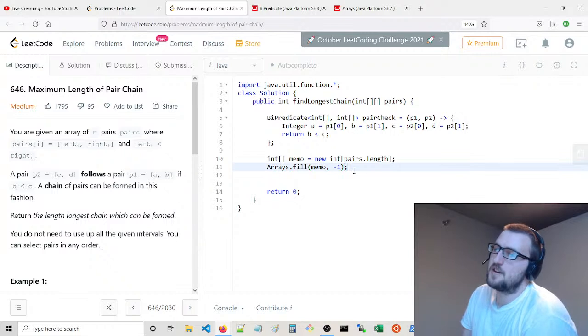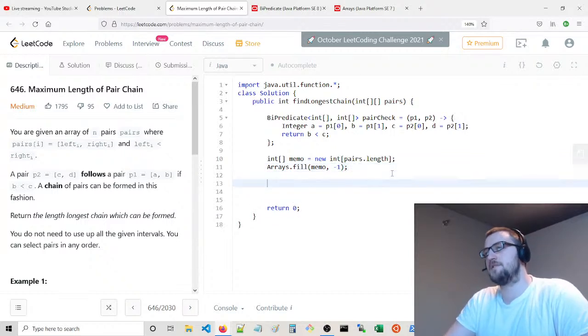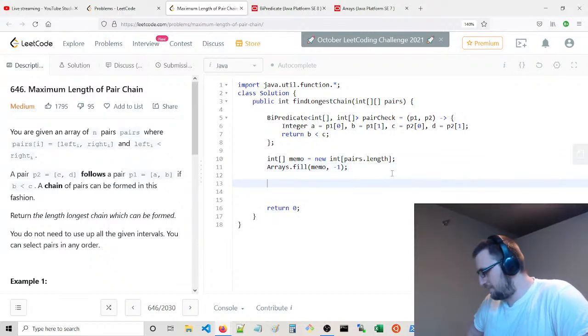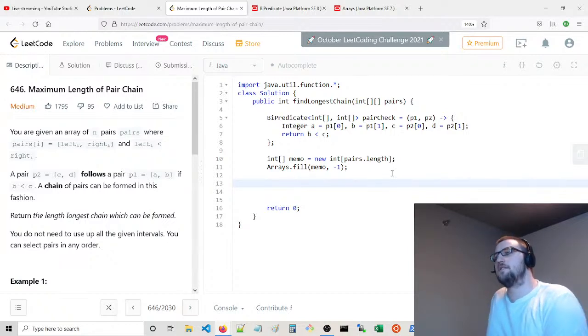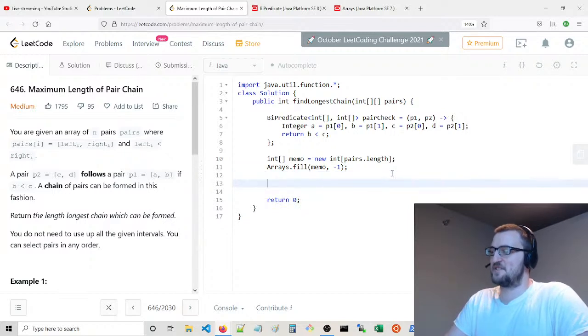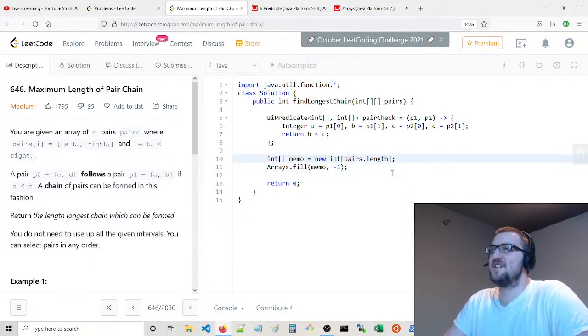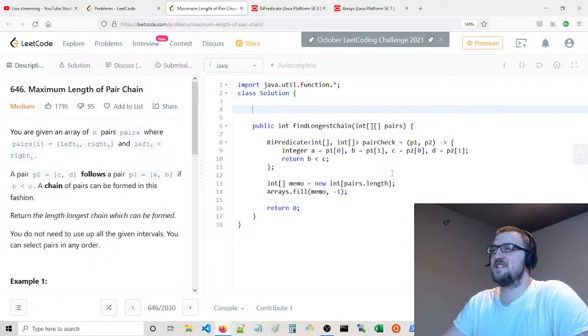Okay, and we're going to write a recursive function. Can we write a recursive lambda function? Is that a thing in Java? I actually don't think you do recursive lambdas in Java. I think it's a little too complicated. We'll just call it a helper.